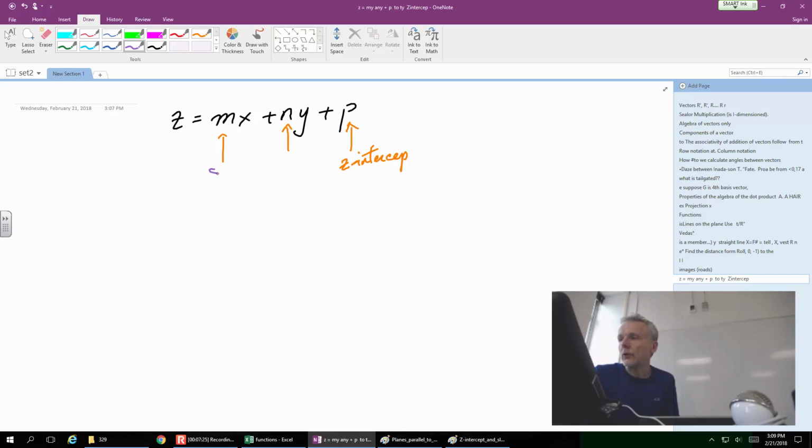And then the other two numbers will be slopes with respect to x and y, respectively.